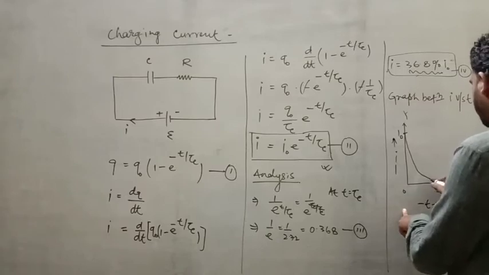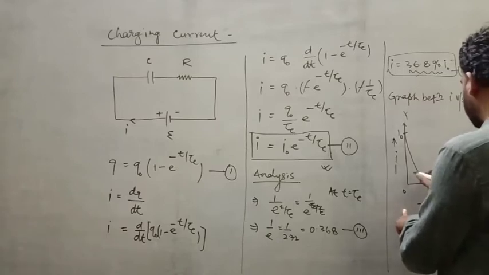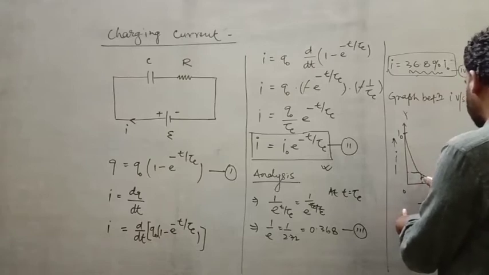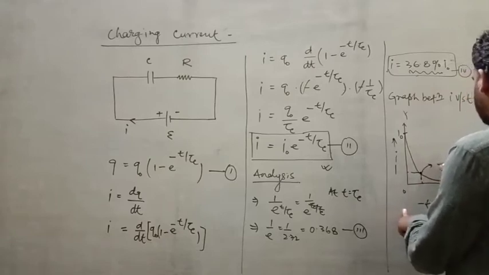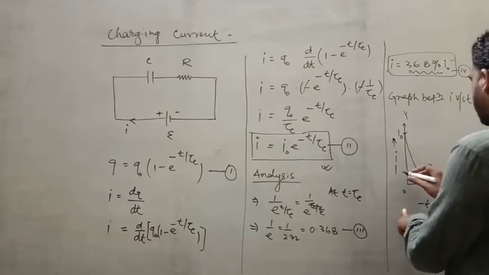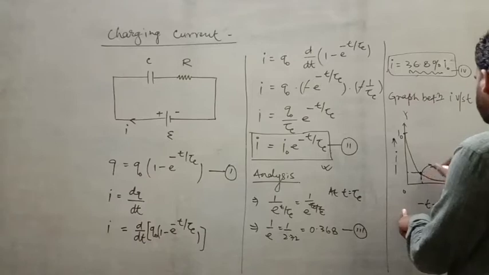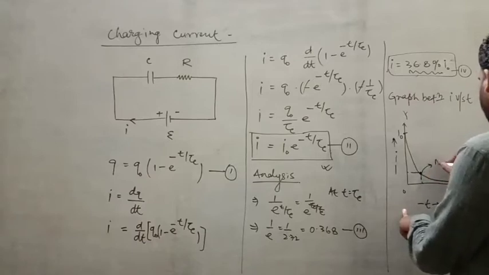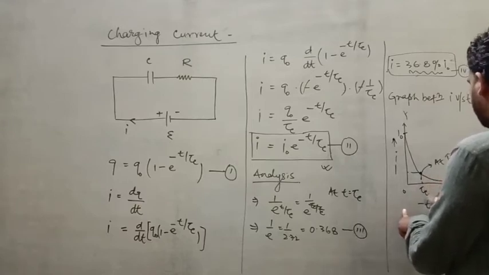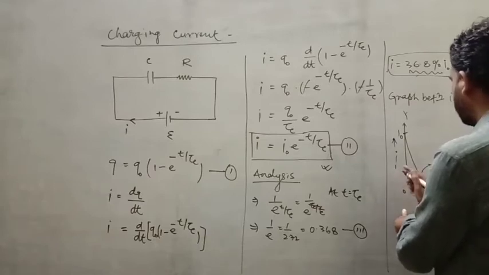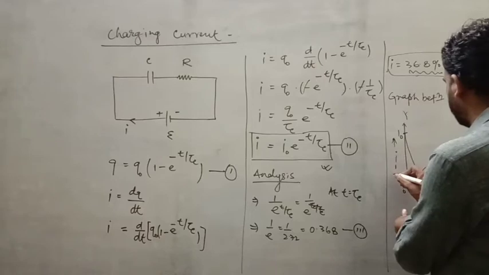So a time will come, anywhere we can consider, that there is a tau c. Suppose this one is a tau c, a point where I is just like this much. So we can say at tau c point, here you will get a current of 36.8% of I naught.